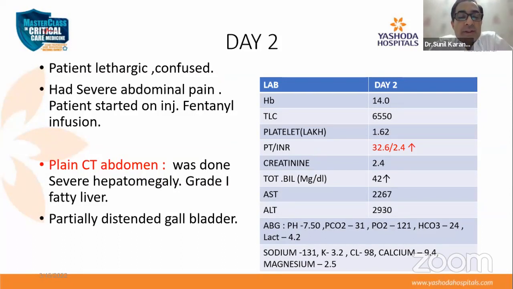What is the mortality of hepatitis E acute liver failure or acute viral hepatitis with E and A? 0.3 to 1%. When is it higher, in which patients? Who are the high-risk patients for hepatitis E viral hepatitis?